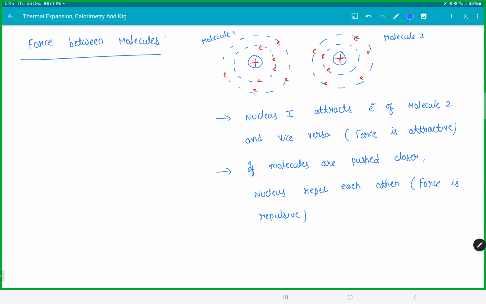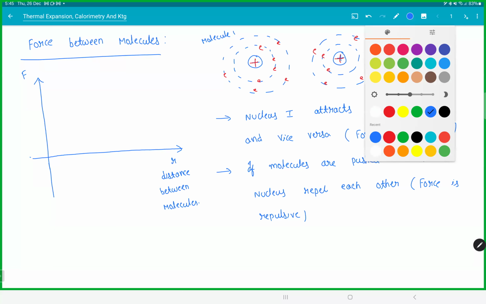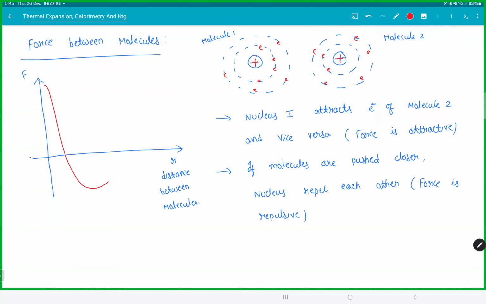So if you try to plot a graph between force and R, the distance between the molecules, this is how the graph would look. At infinity, when you're very far, that is R is infinity, the force is almost zero.